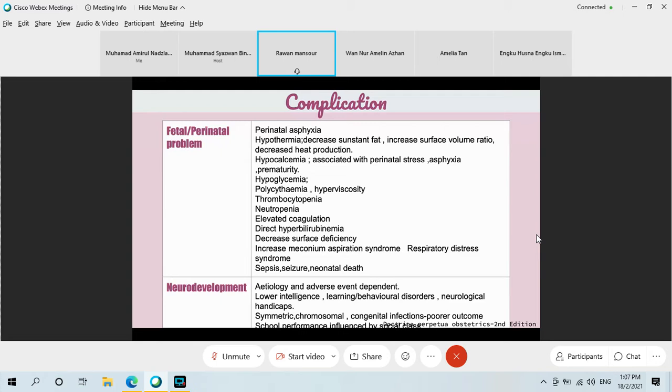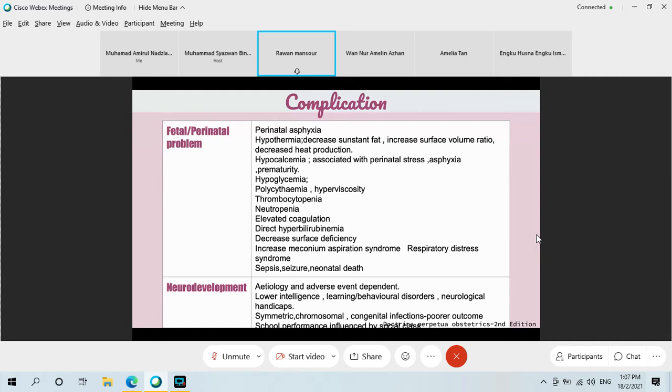For neurodevelopment, it is etiology and adverse event dependent. Like I mentioned before, in the fetal and perinatal period, asphyxia will lead to the brain not developing, which will lead to lower intelligence in the baby, learning and behavior disorder, and neurological handicaps.